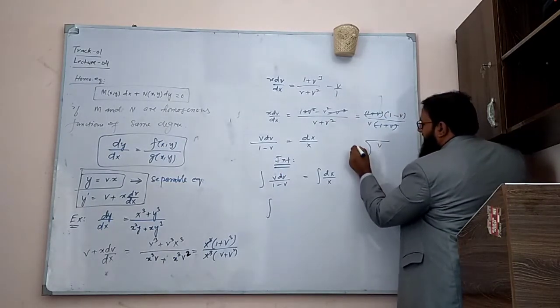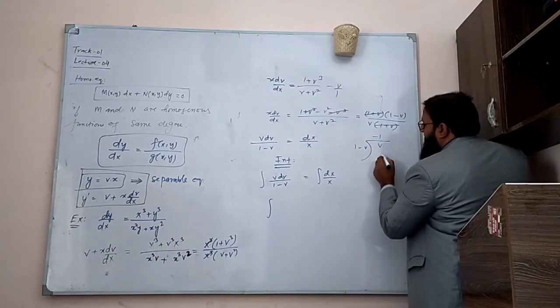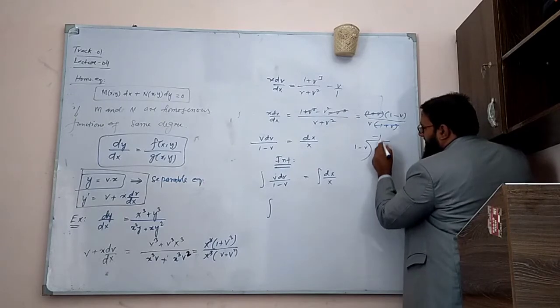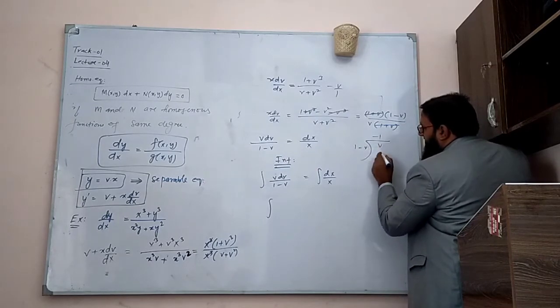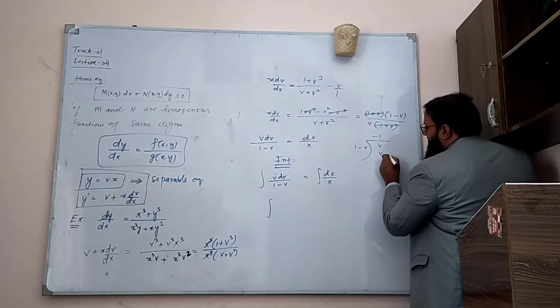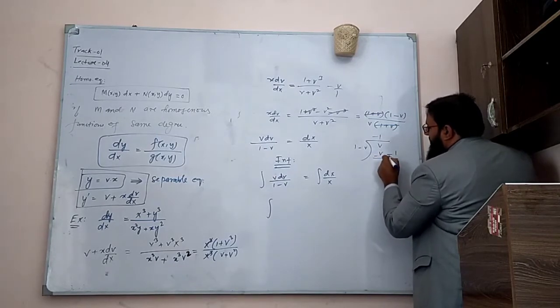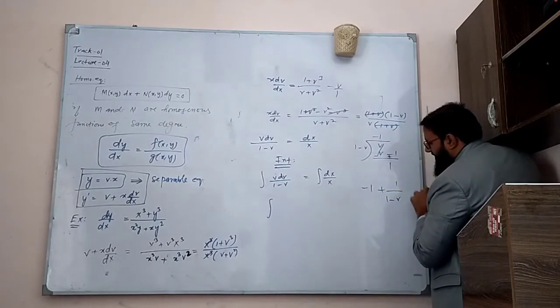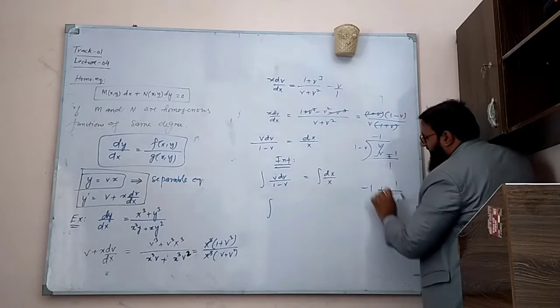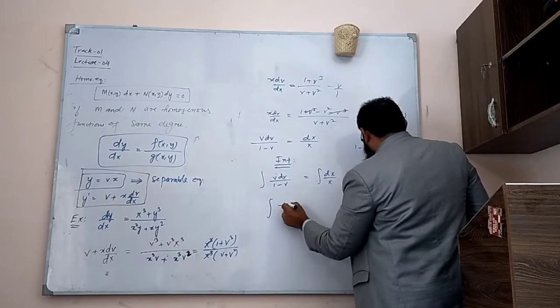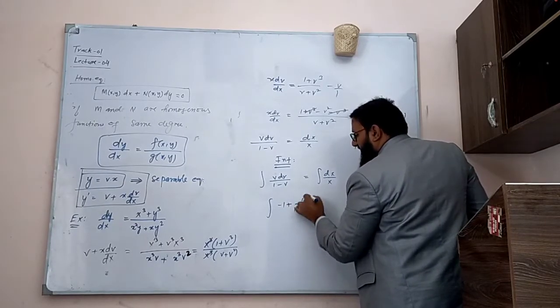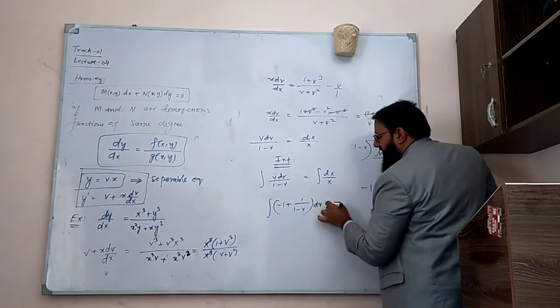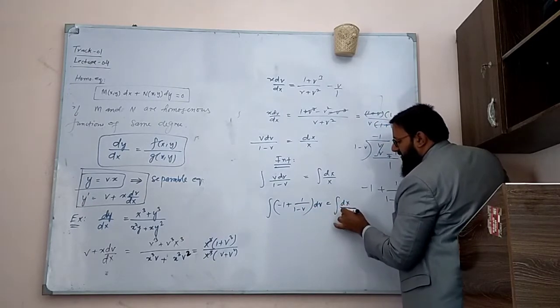This is the easiest way. Minus 1 times minus 1 plus v; minus 1 times plus 1 is minus v. After subtraction we get 1. So minus 1 whole, 1 upon 1 minus v. So it becomes integral of 1 upon 1 minus v dv, equals integral dx over x.